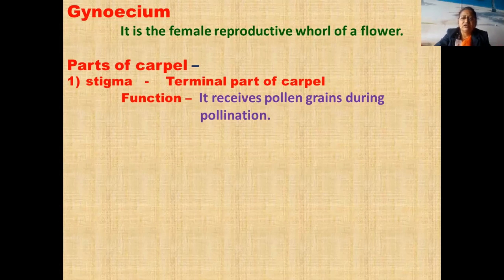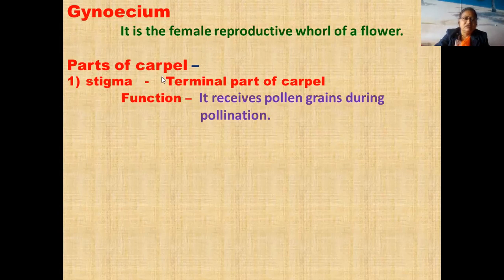If there are 5 carpels, then polycarpellary gynoecium, example hibiscus. In hibiscus you can see the velvety stigma, 5 carpels are seen. If there is bicarpellary condition, example datura, and tricarpellary condition, 3 carpels are present, then it is cucurbita plant.